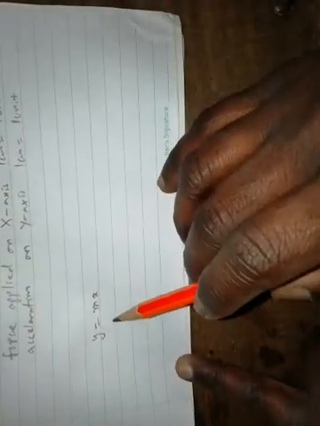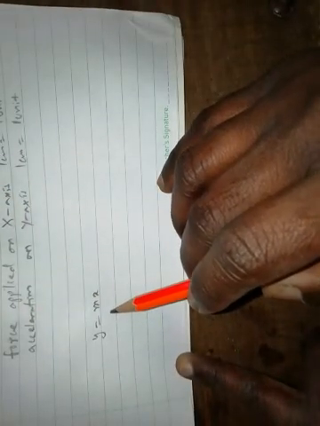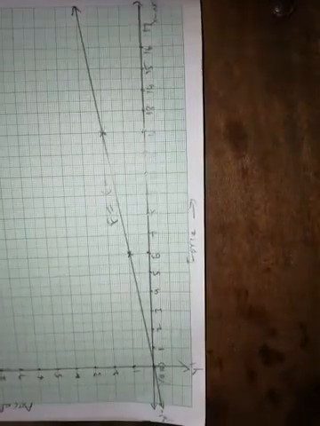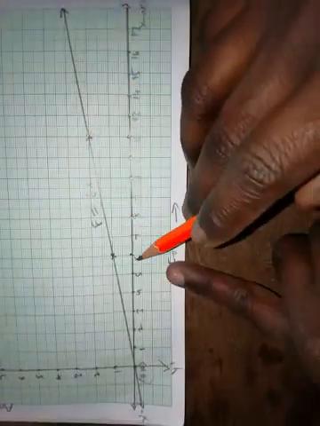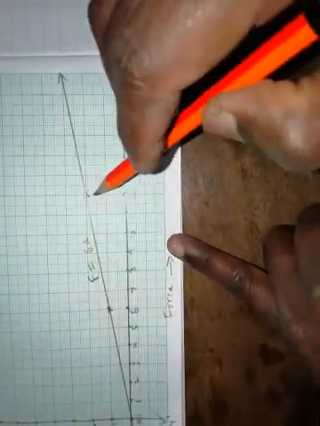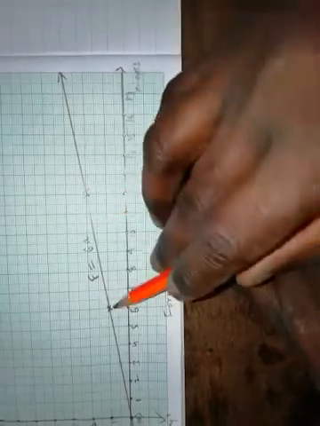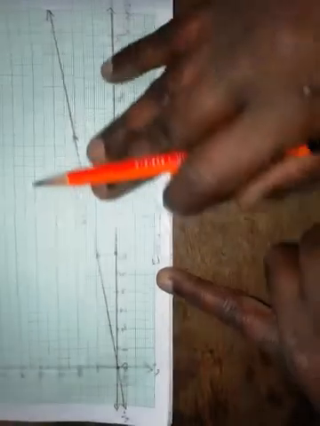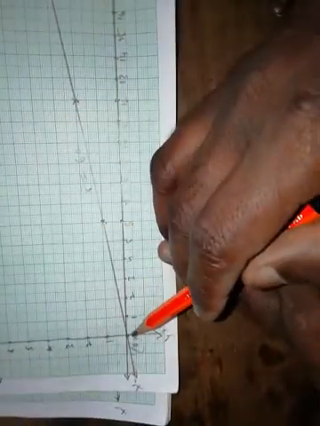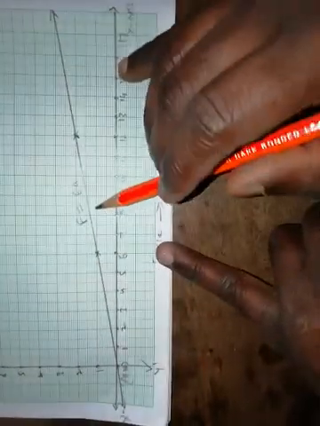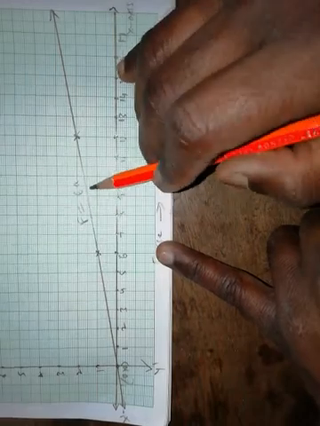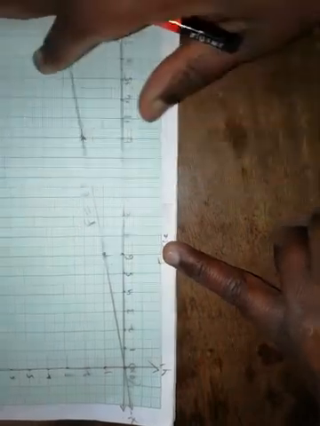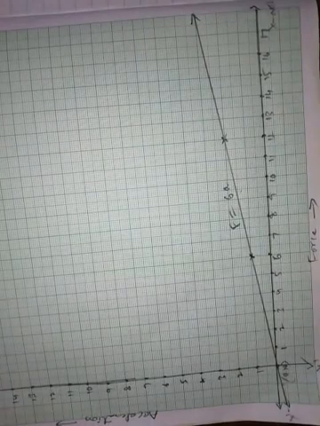So as we represented this in a straight line, the line must pass through the origin. When you plotted the points (6, 1) and (12, 2) and joined them, the line passes through the origin, since it is in the form F is equal to 6a. Understand? Hope you all understood this question.